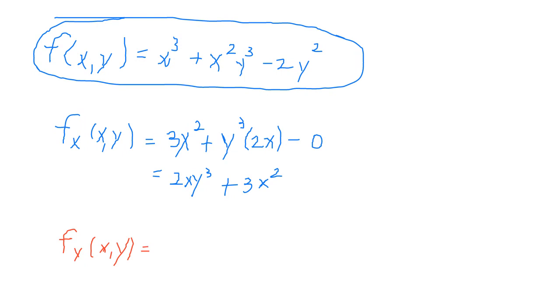So for the partial derivative of the function with respect to y, what variable is held constant? The x. Good. You hold the x constant. So then I'm going to have something plus something plus something.